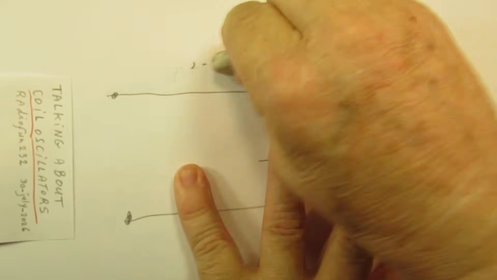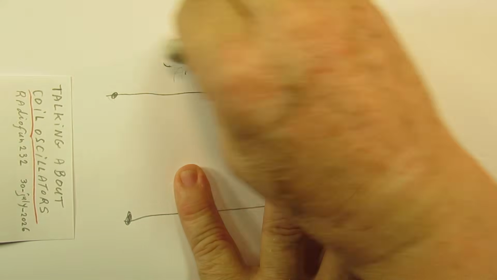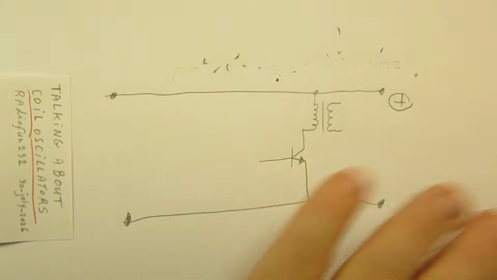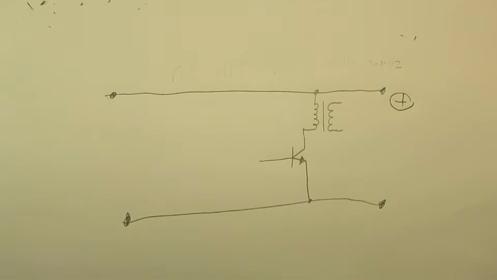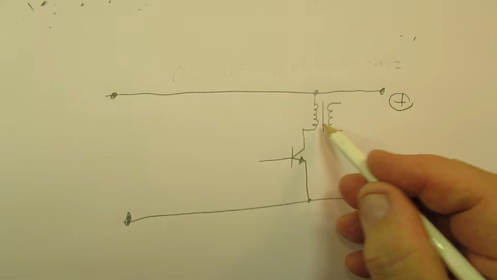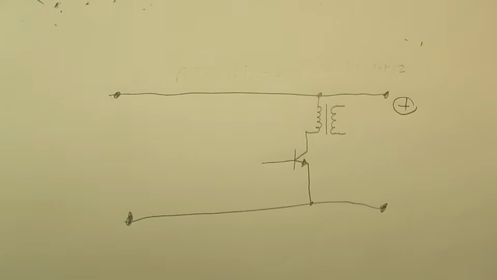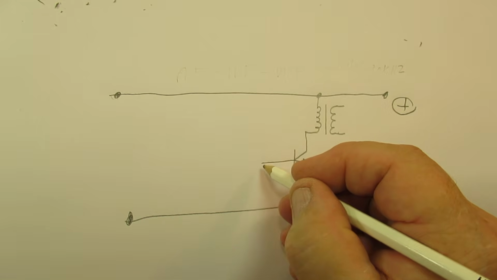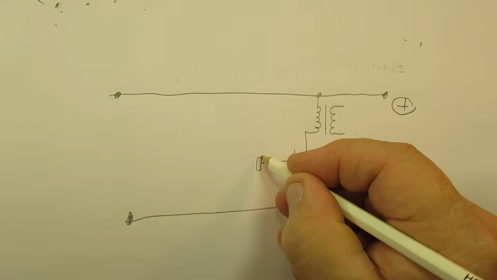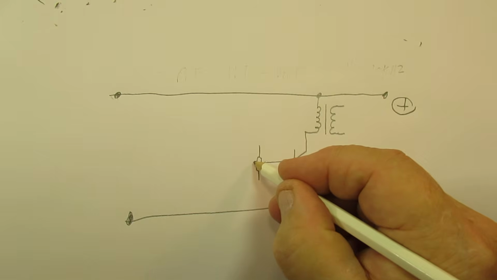I'm going to erase it now because I want to show how that circuit must be made. So here we have a coil with a core, or without a core, sorry, without a core. And now we have the situation that we need a proper bias.